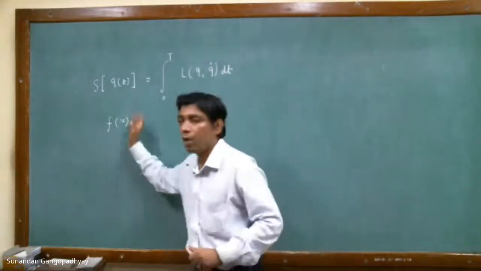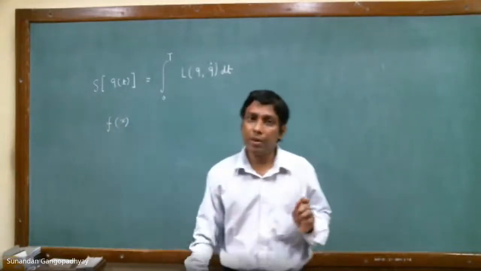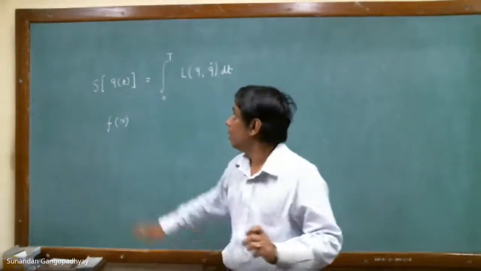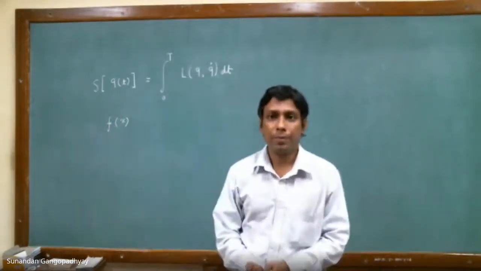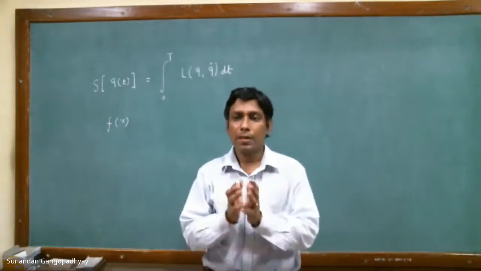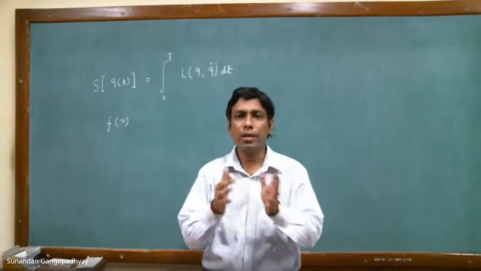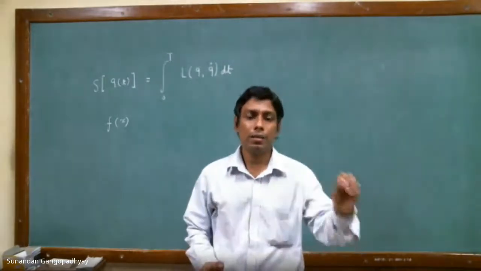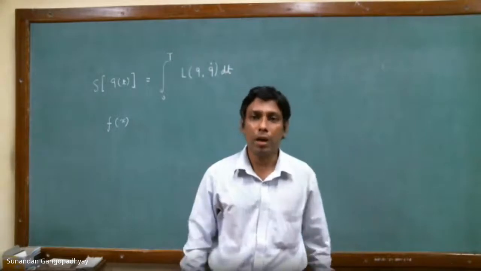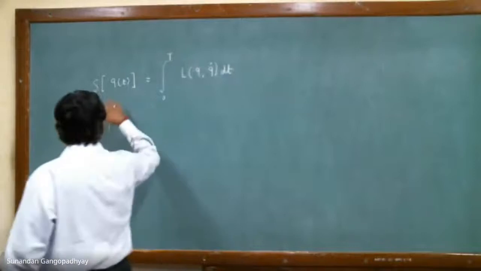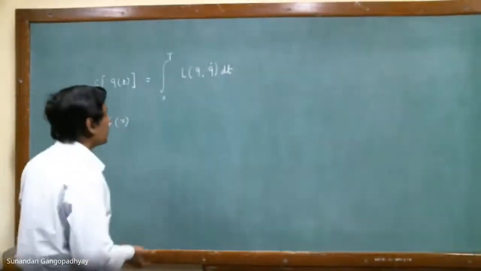Let me repeat once more. A function is a map from a real number to a real number, but a functional is a map from a function to a real number. It takes a whole function, a full configuration, say sin x, cos x, e to the power of x, whatever the form of the function is, and it gives you some real number after some process. So that is the difference between a functional and a function.